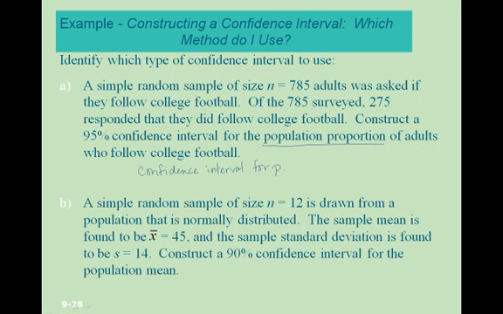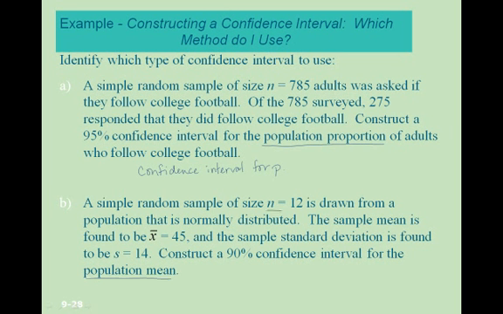In this next example, a simple random sample of size n equal to 12 is drawn from a population that is normally distributed. The sample mean is found to be x bar equal to 45, and the sample standard deviation is found to be s equal to 14. Construct a 90% confidence interval for the population mean. So notice that we're looking at the population mean here.